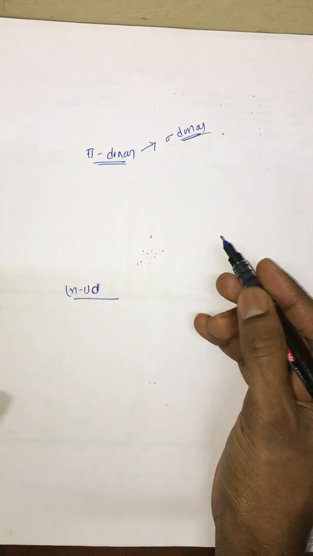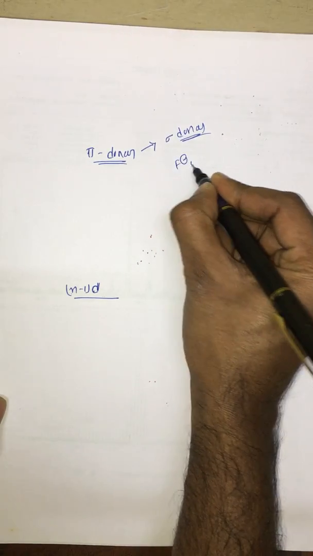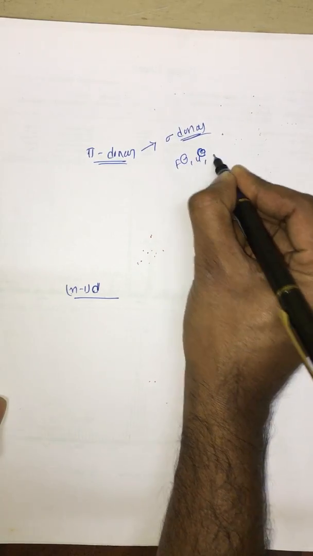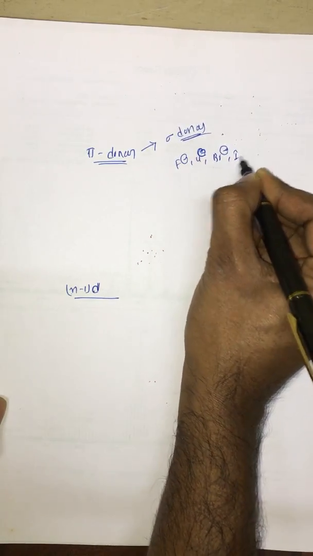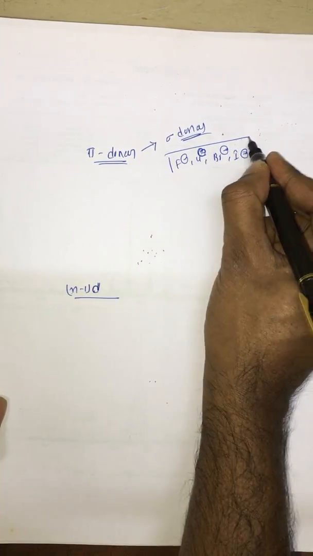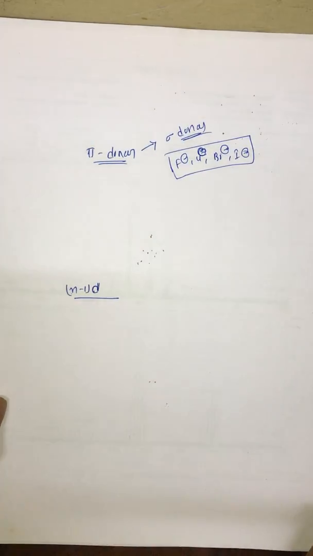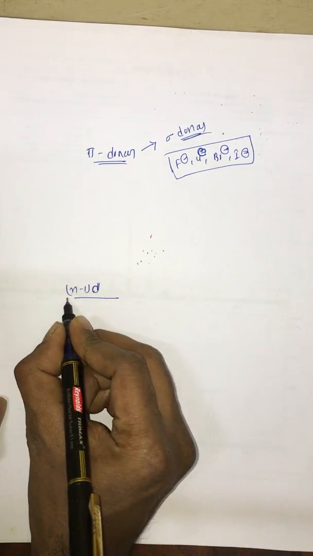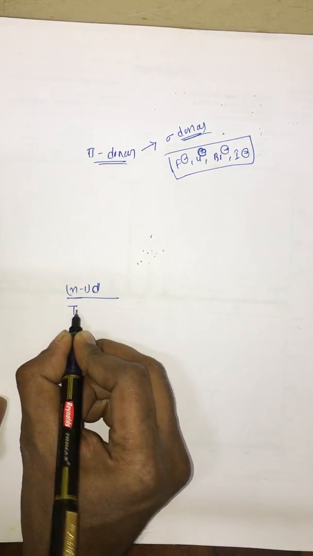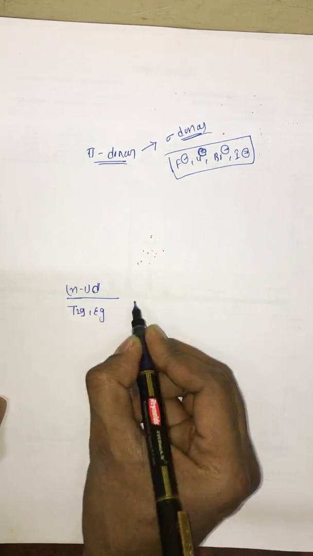So now here we have pi donors. We can take fluoride, chloride, bromide, iodide. So these are the examples for pi donors. So we have n-1 d, which includes T2g as well as Eg.